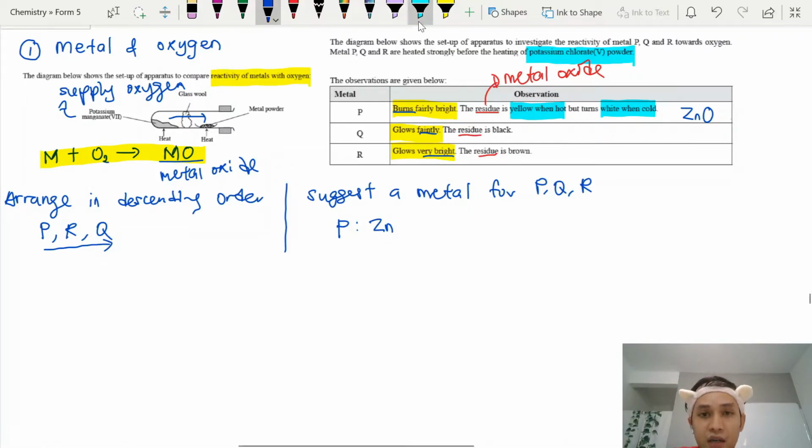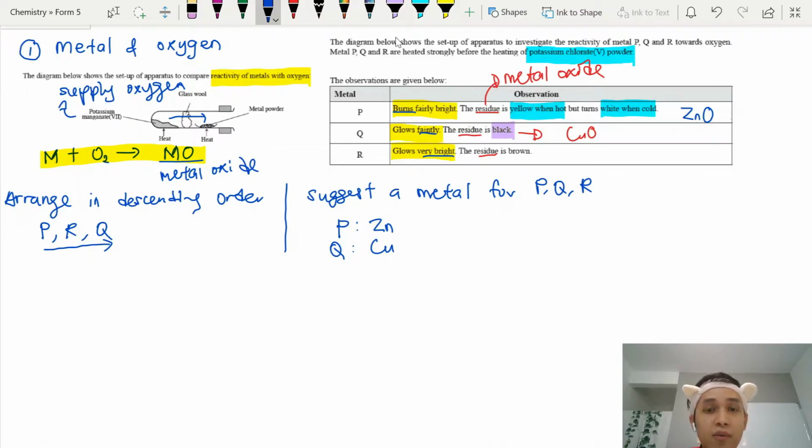Next, residue is black. This is also very obvious. When residue is black, there's only one metal oxide whereby the residue is black. That is your copper oxide. So for Q, your metal is copper. And then finally, let's look at the last one. Residue is brown.